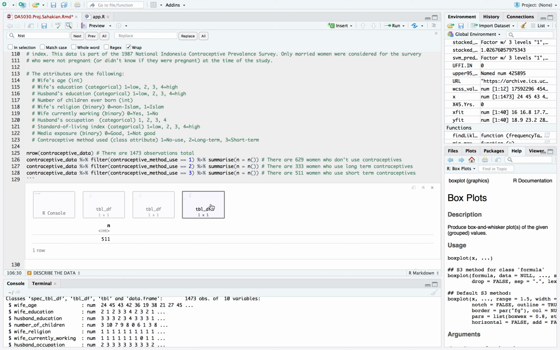If we find that media exposure, for example, is an important factor in making this decision, maybe all of these 629 women who have chosen to forego contraception have a low level of media exposure. Well, that would indicate to the government that media exposure is an important factor in making a decision, and they can start to focus their efforts on increasing accessibility to media exposure.